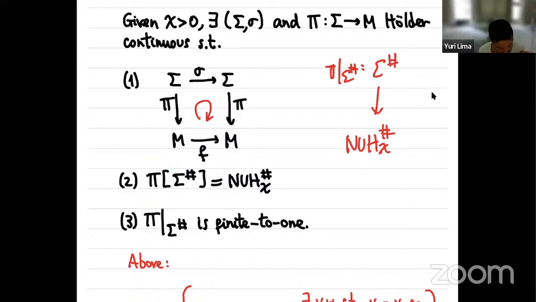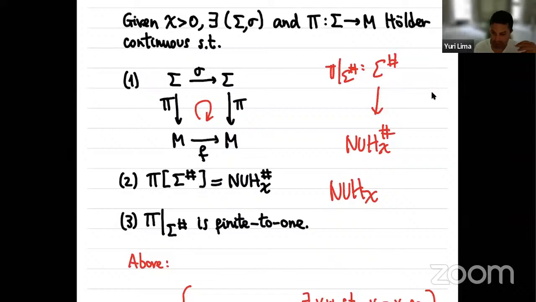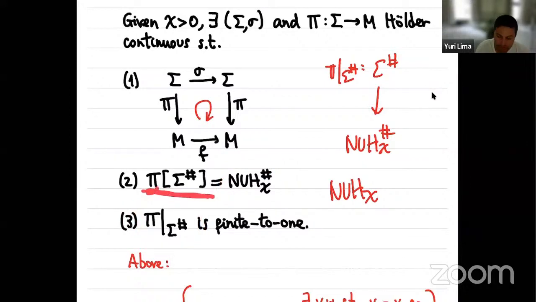Actually, we make a few changes, because the set that Sarig considers, the NUH chi, is slightly different from ours. He only considers points which have Lyapunov exponents. He is able to obtain surjectivity onto this subset here. He is able to obtain finiteness to one, but he is not able to understand what is the image of this guy.